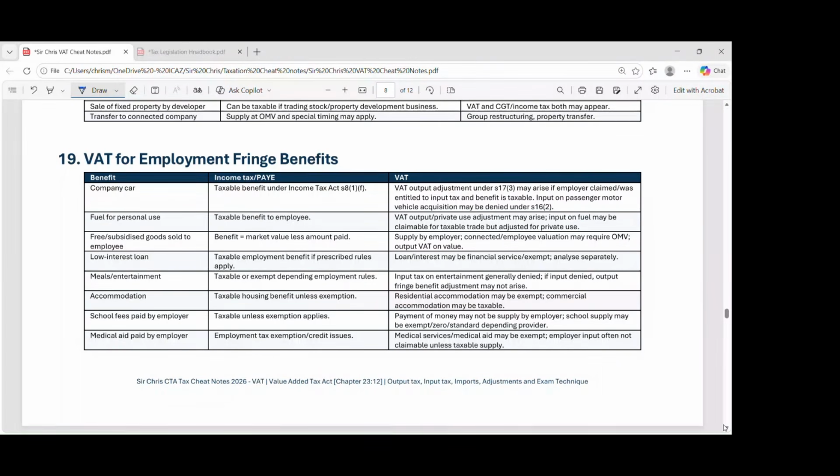Then input on a passenger motor vehicle may be denied under section what? 2, isn't it? Then fuel for personal use is a taxable benefit to the employee, but for VAT output, a private use adjustment may arise. Input on fuel may be claimable for trade, but adjusted for private use. But I don't want to dwell much on this one, but you can confirm you can see that.